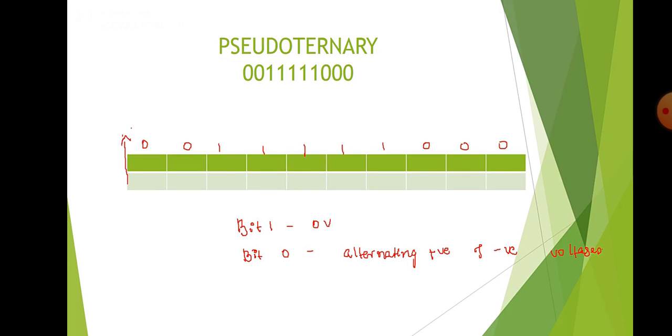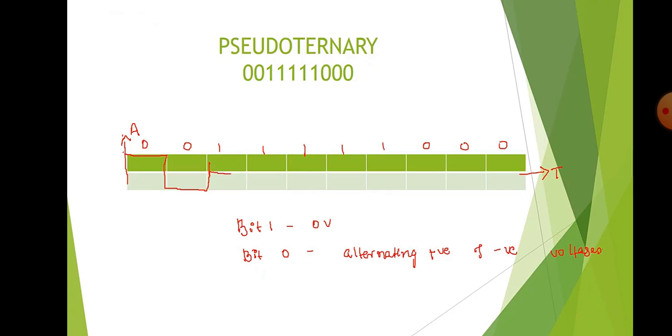The y-axis is amplitude and the x-axis is time. First I'll take bit 0 with the higher magnitude. The second bit can be considered as negative voltage.